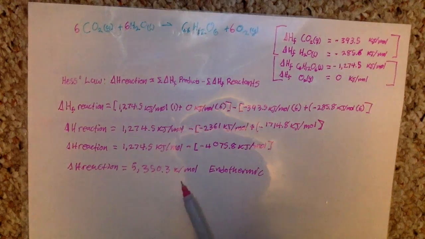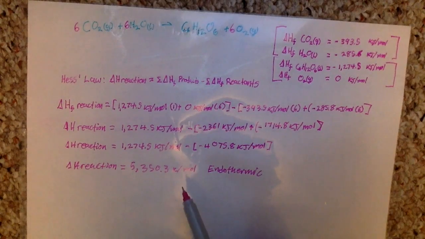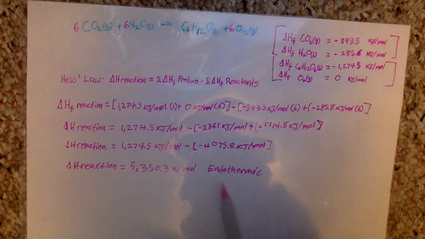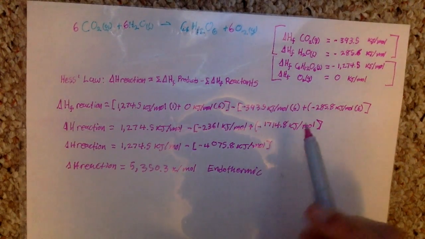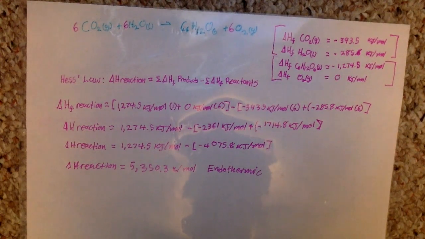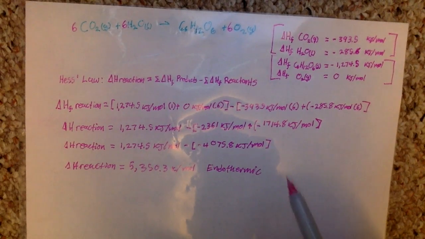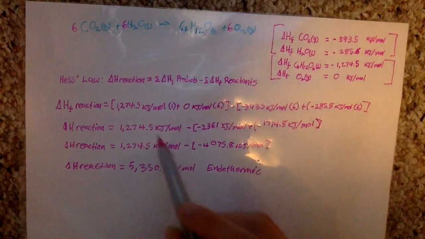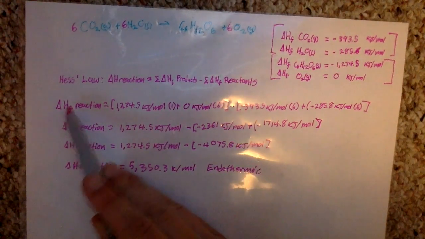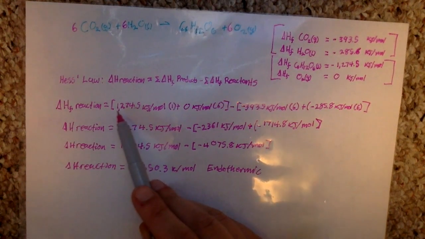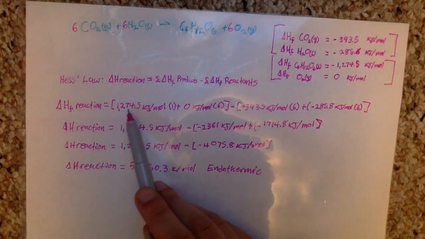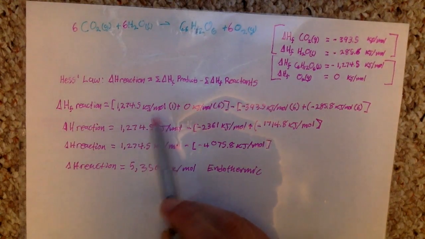So I'm going to go ahead and just double check my work here. The number one mistake that people tend to make with these kinds of reactions is they just drop a negative sign. And so you need to pay very close attention to all of the signs that you're using here for your energy. And so let's check our original equation here. So we have the heat of reaction is going to be 1,274.5 kilojoules per mole.